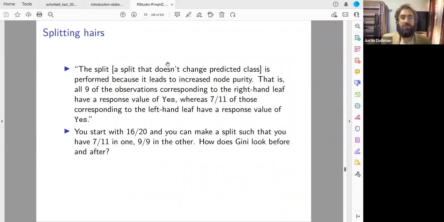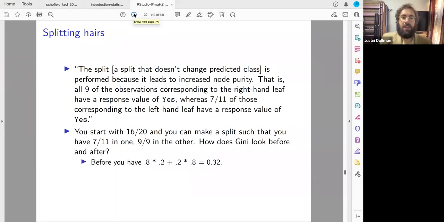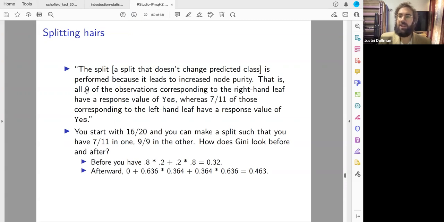I'm just going to use the Gini as opposed to entropy. How does it look before and after? Before, you would just do this multiplication and have 0.32. Afterward, you have a completely pure node, so it has a Gini of 0, because all 9 were the same class.